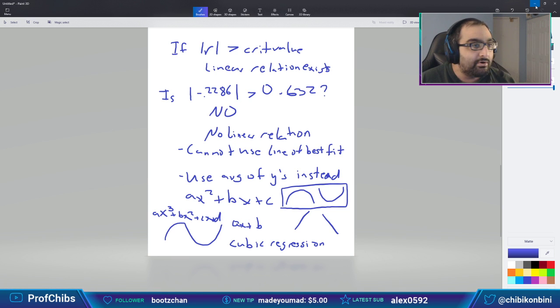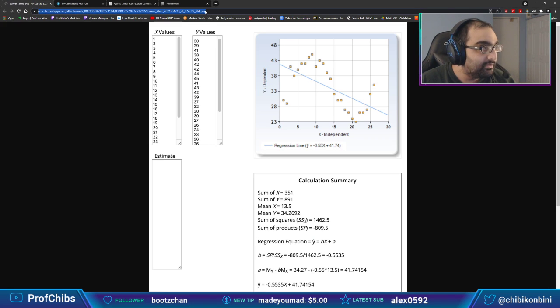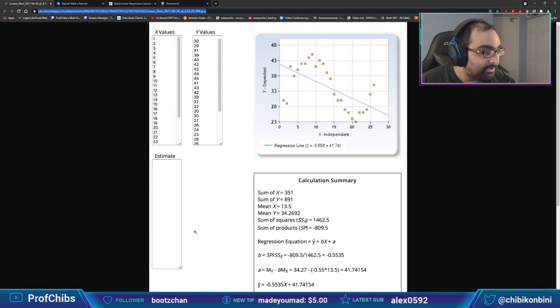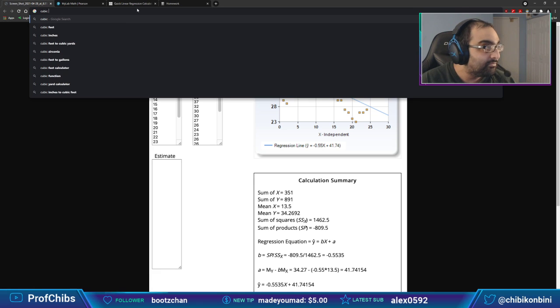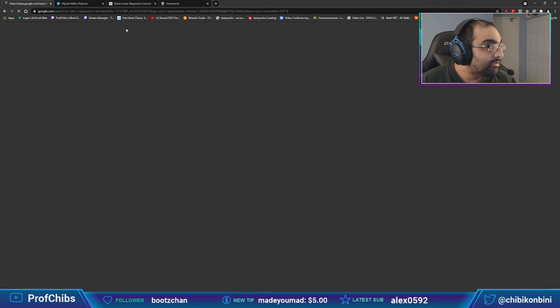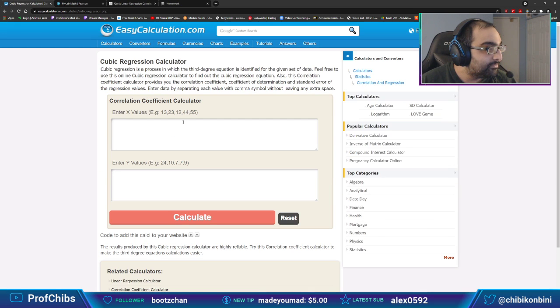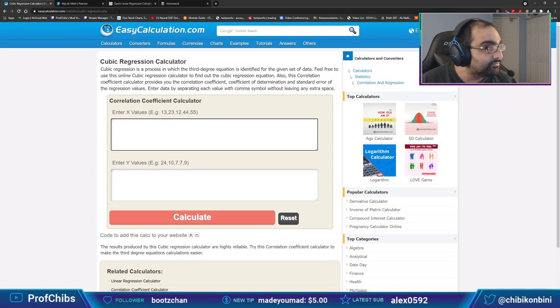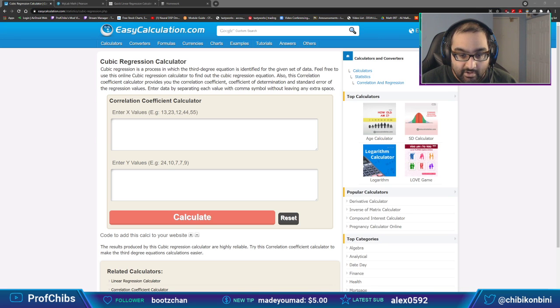So if I were to go on this graph here, all right, so try it with a cubic regression here. Let's try it that way. There's a calculator for that. I don't know what your numbers are specifically, so I'm going to send you a link for you to enter in the numbers again.